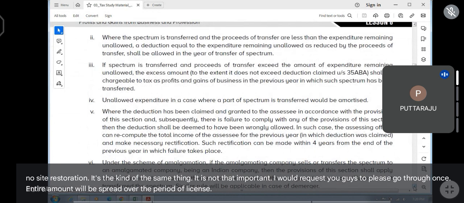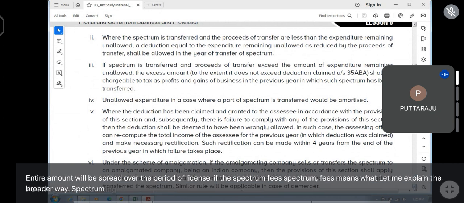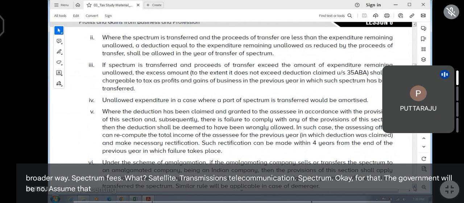If the spectrum fees, let me explain in the broader way. Spectrum fees is what? Satellite transmissions, telecommunication, spectrum. For that, the government will bid. Assume 5G license, spectrum license, 5G.